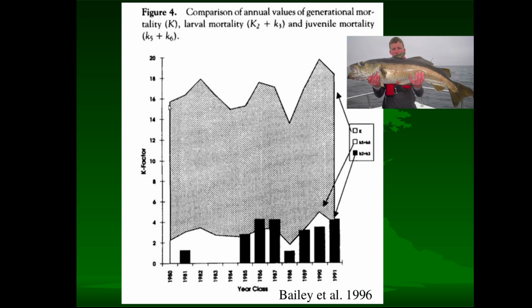Okay, this is the overall generational mortality here. And the larval mortality is this right here, and the juvenile mortality are these bars right here. See, the larval and juvenile mortality are pretty well correlated with the total overall mortality.